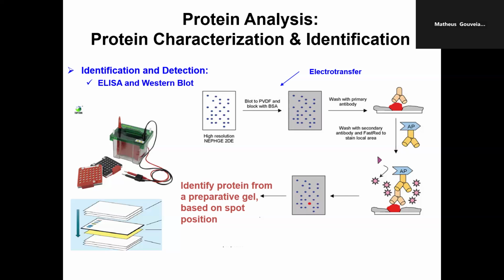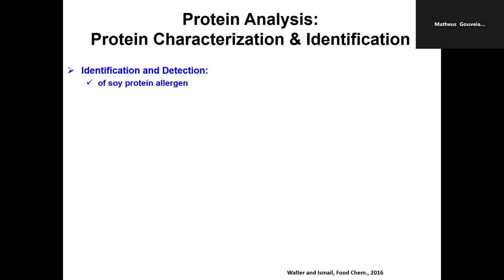So it's qualitative. This is an example where we used Western blot for modifying soy protein and determining if we reduce immunogenicity or immunoreactivity without having to run all the samples on all the conditions that we test using the ELISA.